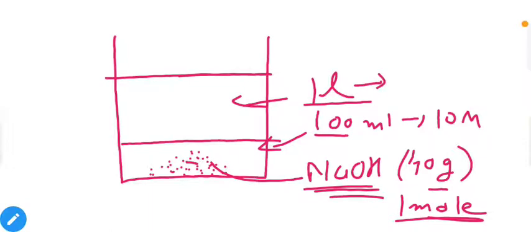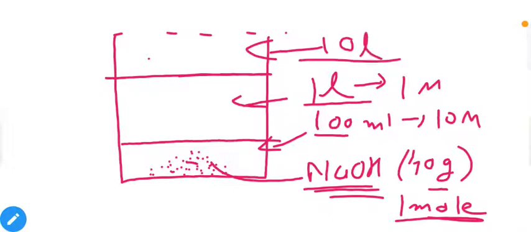Obviously the concentration will be 1 molar. Similarly, if you want 0.1 molar concentration, then add a total of 9 extra liters of water into it. So the total volume will be 10 liters. Now 10 liters contains 1 mole of NaOH. It represents a concentration of 0.1 molar.